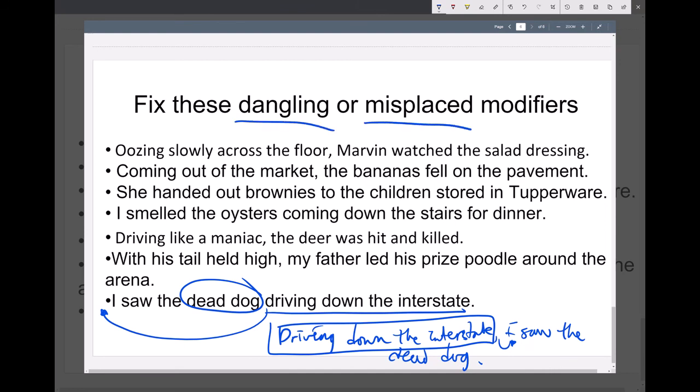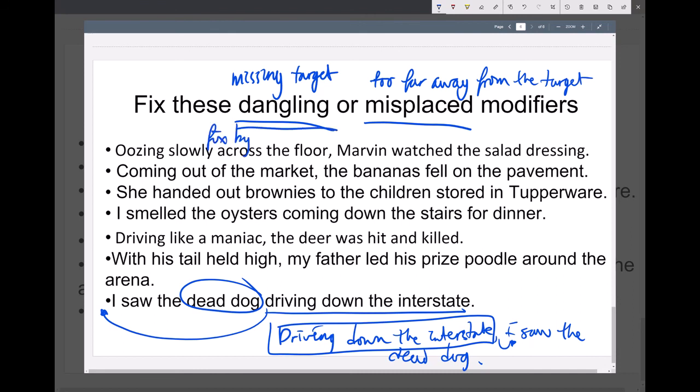And remember, dangling modifiers are missing target words, so we don't know who you're talking about. And misplaced modifiers are too far away from the target, so it gets confusing. So with dangling modifiers, to fix it, you need to add the target.